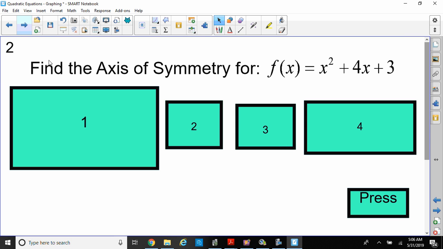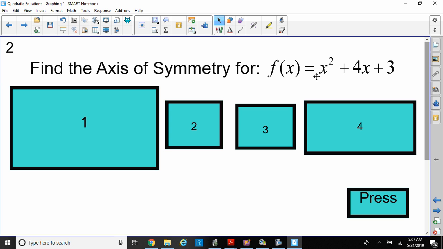All right, so first question: find the axis of symmetry for f of x equal to x squared plus 4x plus 3. The first thing we need to do is identify the a, b, c terms of this equation. It's already in standard form because we know f of x is really equal to y.